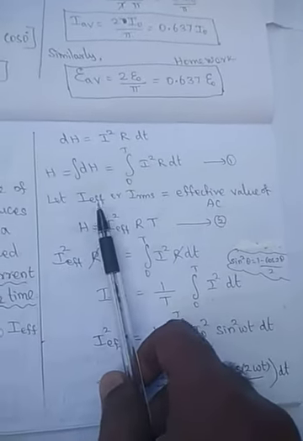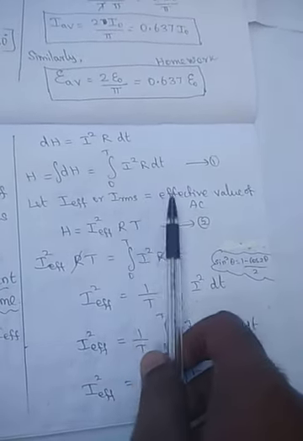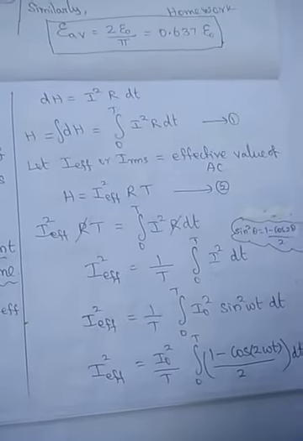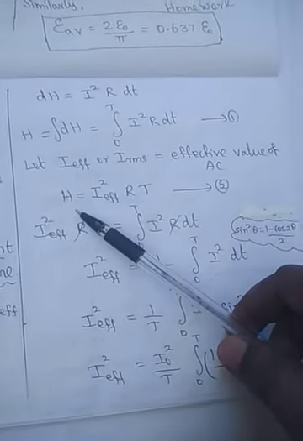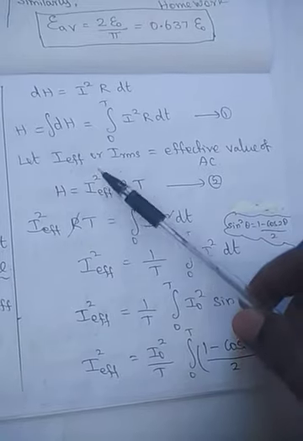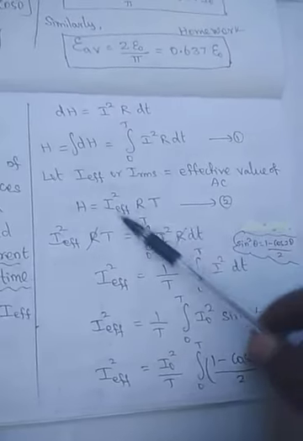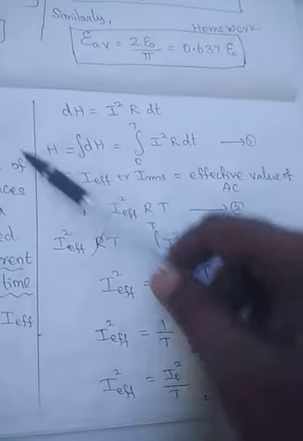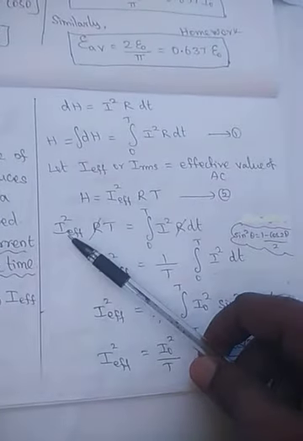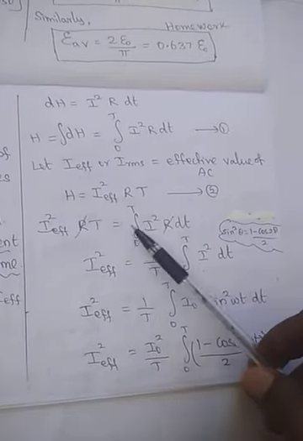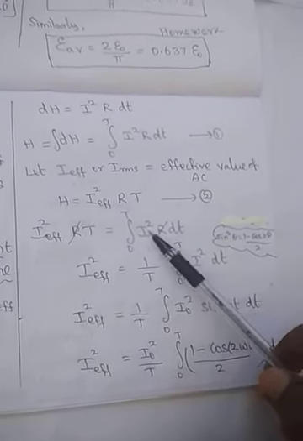So let I RMS be the effective value of the current. The total heating effect is equal to I effective squared R T. Substitute this value in the total heating effect: I effective squared R T is equal to integral 0 to T of I squared R dt.